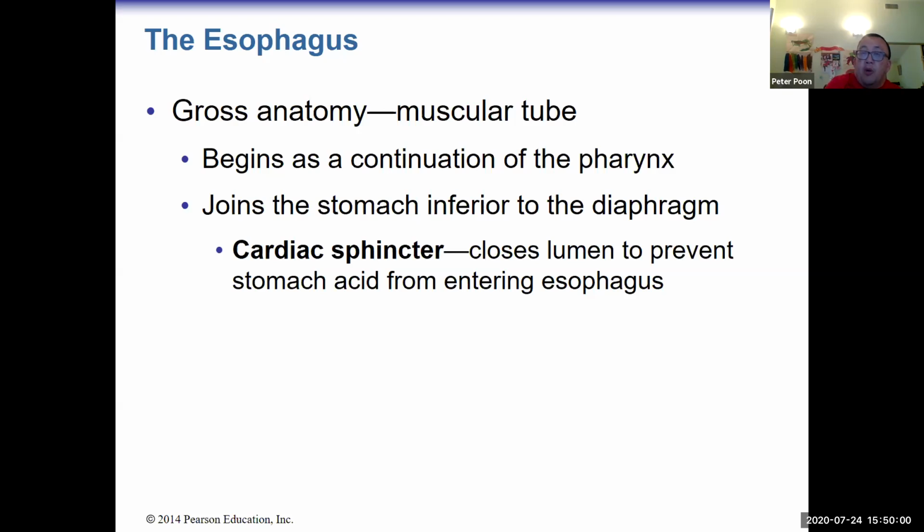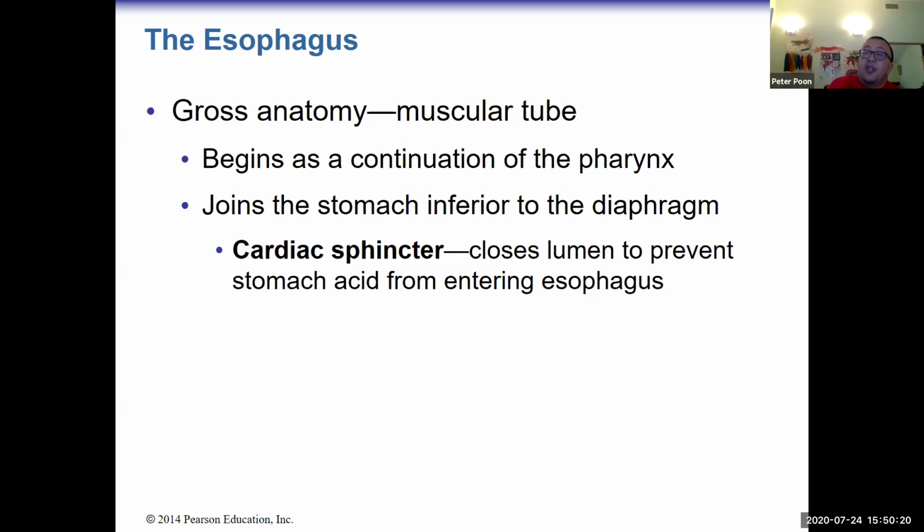The most important thing about the esophagus is the cardiac sphincter. The cardiac sphincter closes the lumen to prevent the stomach acid from entering the esophagus. Your stomach is incredibly acidic, with a pH of about 2.